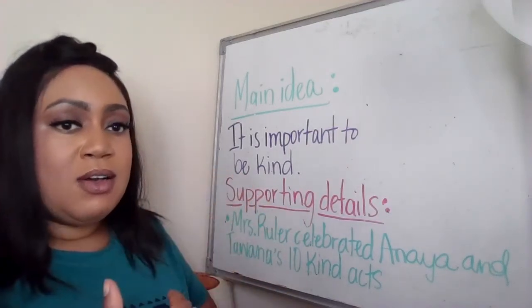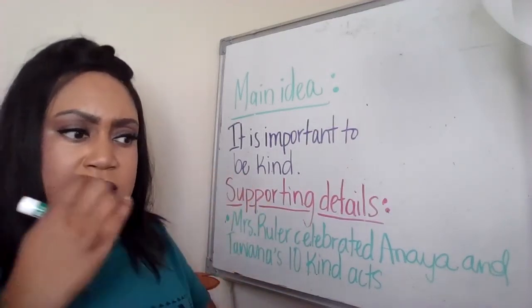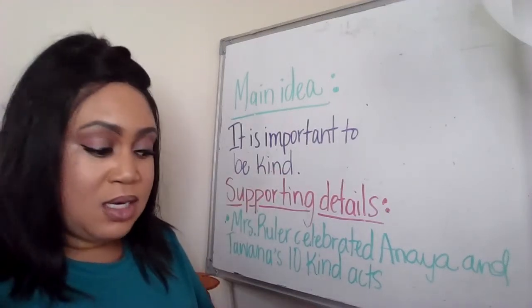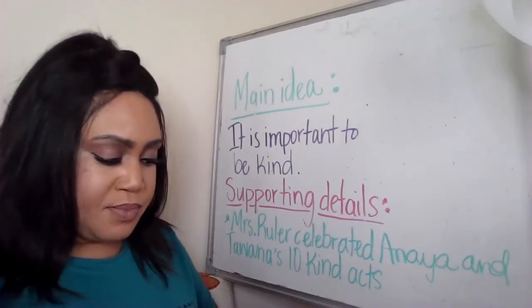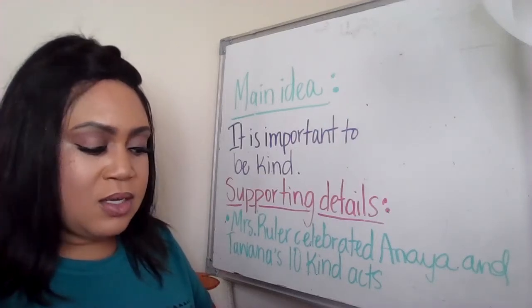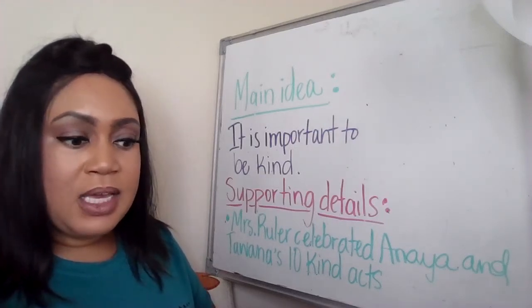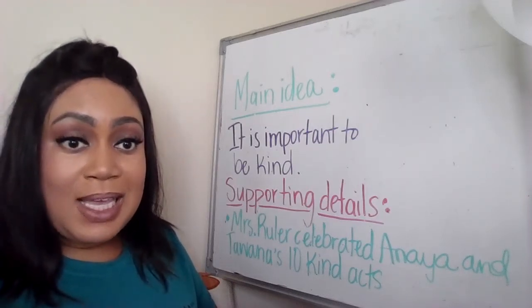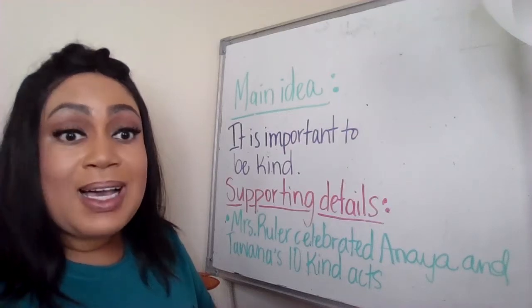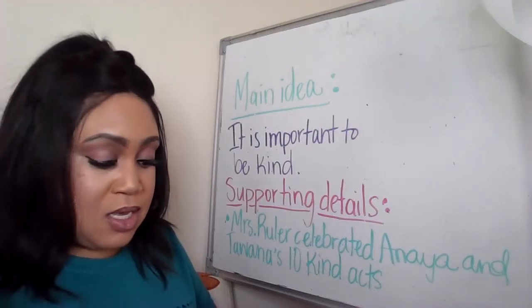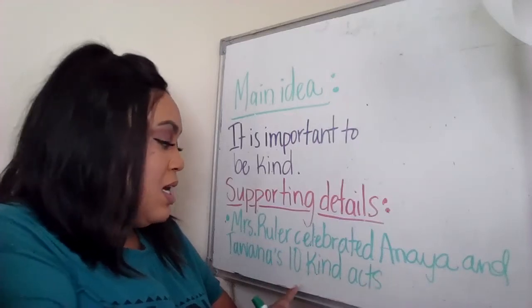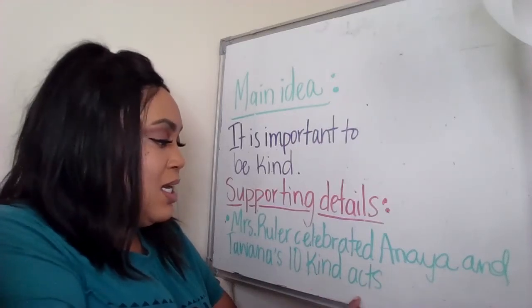It could be a supporting detail because that is showing kindness, but it's not the main thing that was celebrated in the story. Although she invited Connor over to play, the main thing they were looking to do when they were playing at Roccoletta's was to be kind, to spread acts of kindness. So we can say a supporting detail would be that Mrs. Ruler celebrated Anaya and Tawana's 10 kind acts.